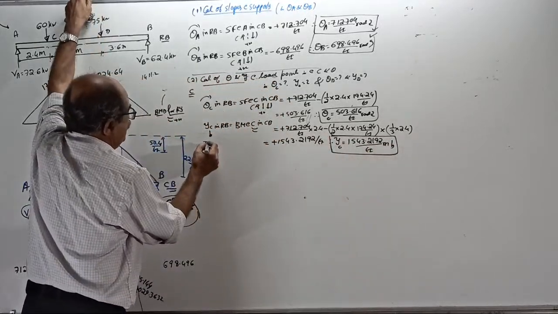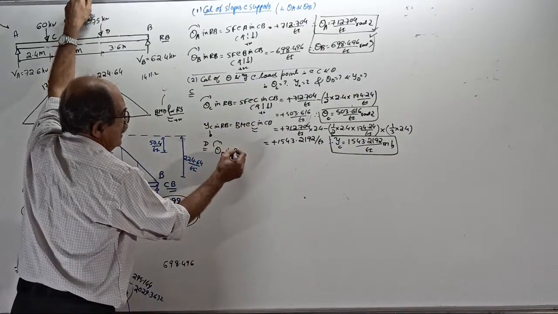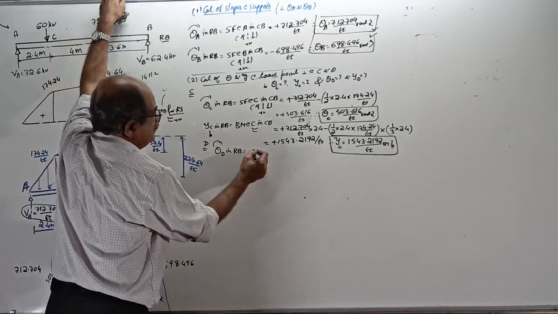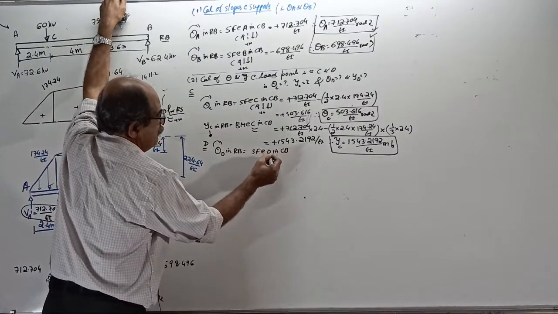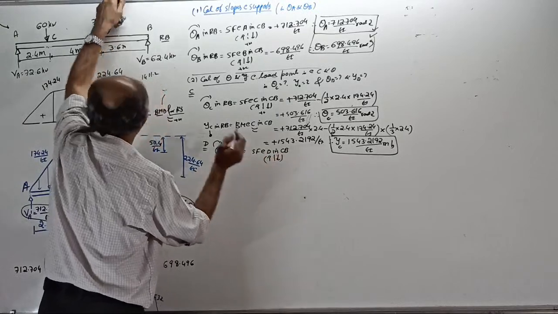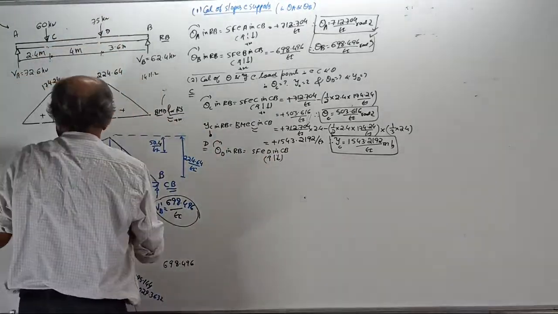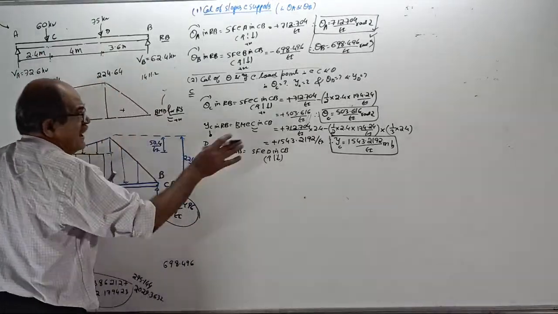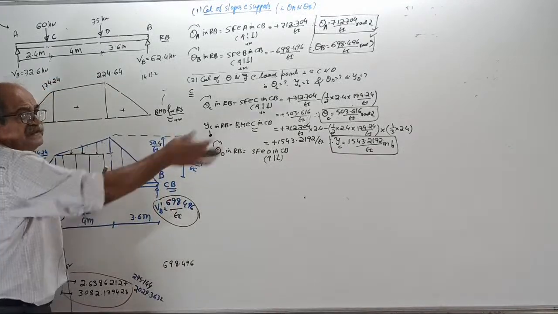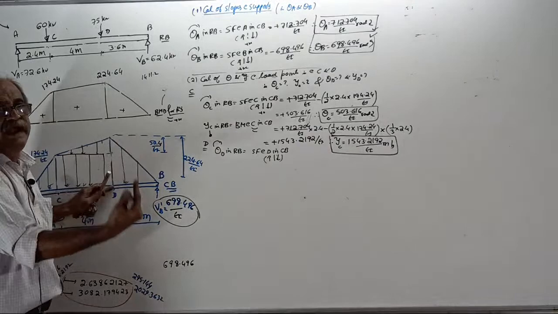Now come to the point D. Theta D clockwise in the real beam equals the shear force at D in the conjugate beam. Left up, right down, positive. Be careful. Slope here is shear force here. If you look left side, you can see triangle, rectangle, triangle. Look right side, only triangle. So look right side, that you should write. But on the right side, shear force, right up is negative.